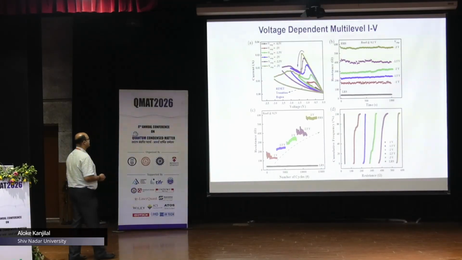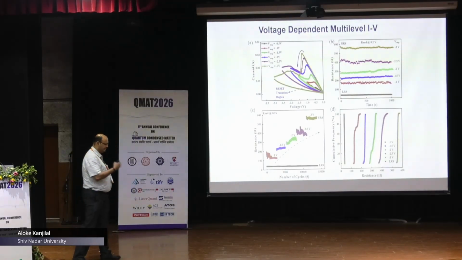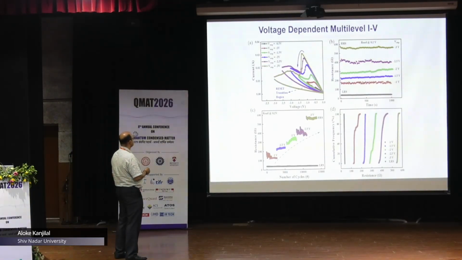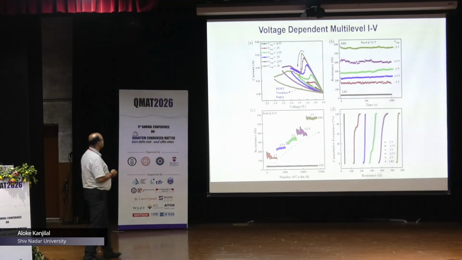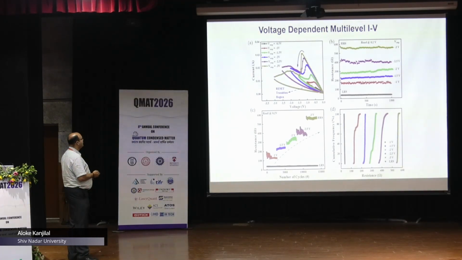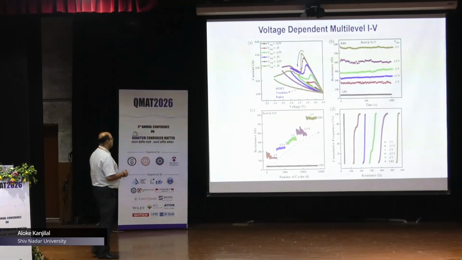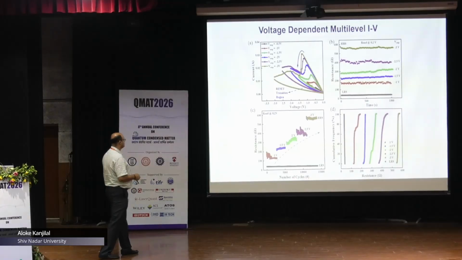Then we also check whether, if I change the reset potential, I can increase the loop significantly. You can see that from 0.5 volt up to 3 volt, it gradually increases the loop dimension. That means we can make a lot of different states.